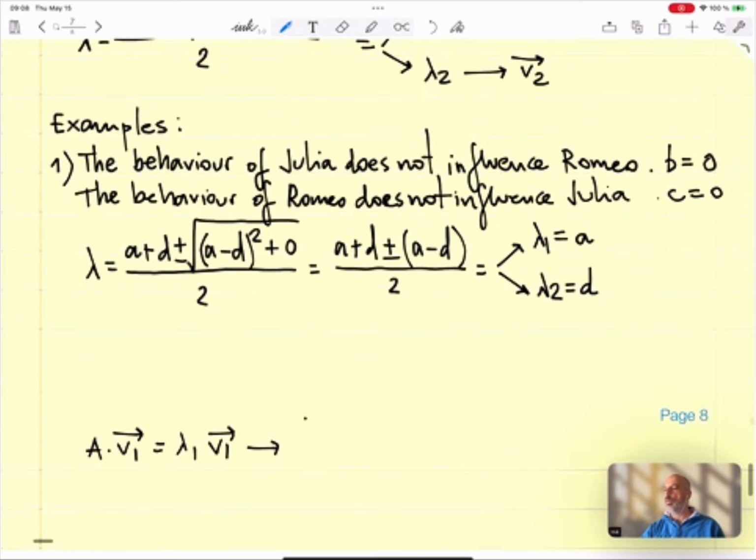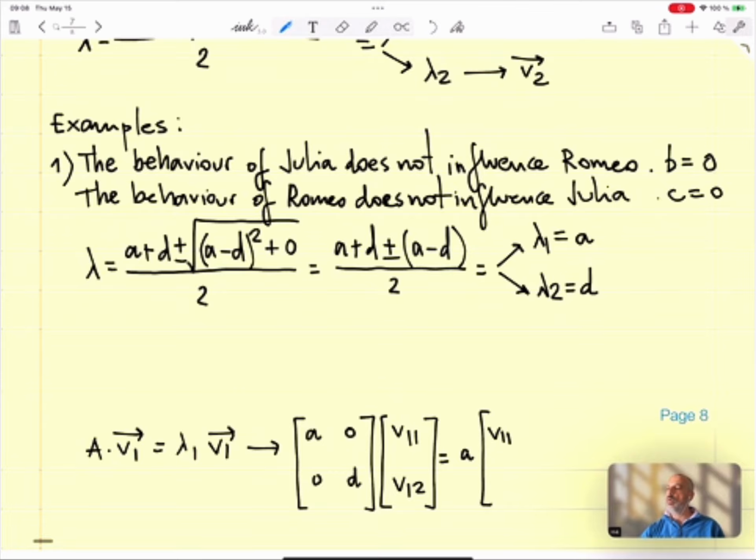Let's say we have our matrix A as [A, 0; 0, D], and V1 is our first eigenvector, with components V11 and V12.